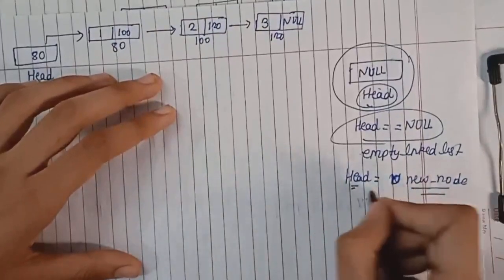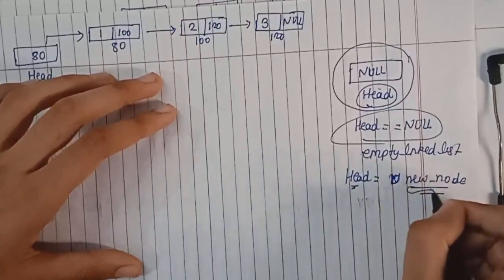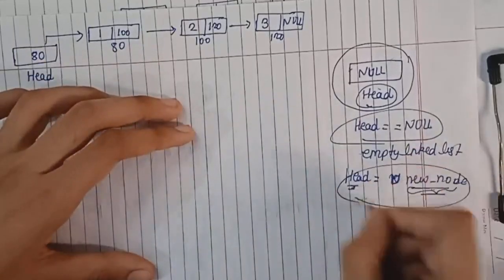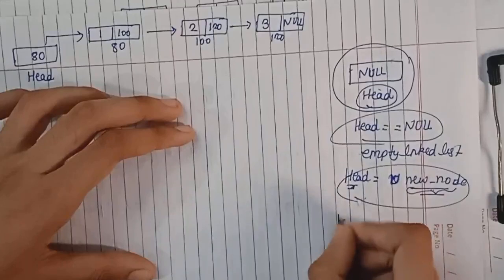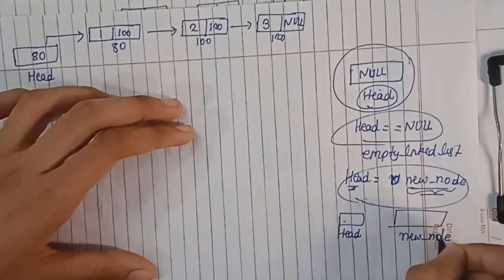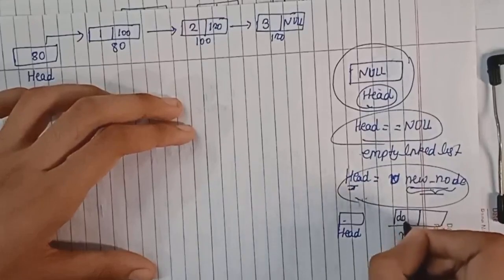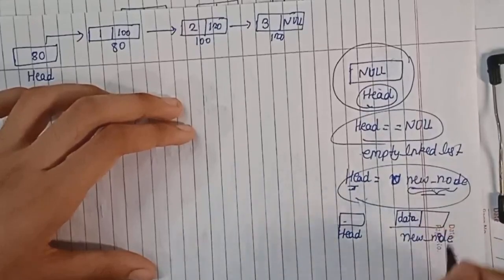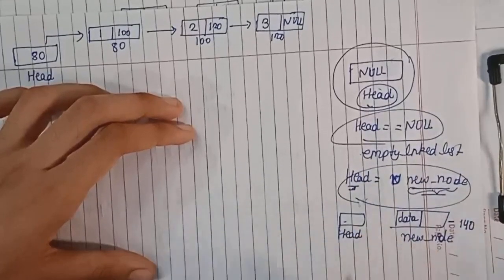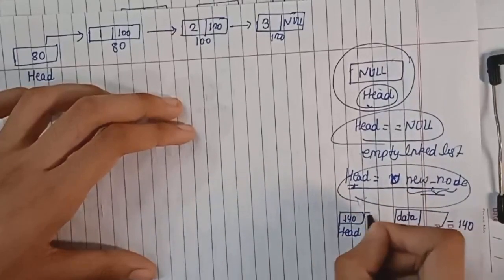So by assigning the new node to this head, I have just assigned the address of this new node to the head. So now after this head will be storing the address of the new node. So this is the new node with the given data, and now let's say the address of this new node is 140, and now this head after this assignment will be storing this address.